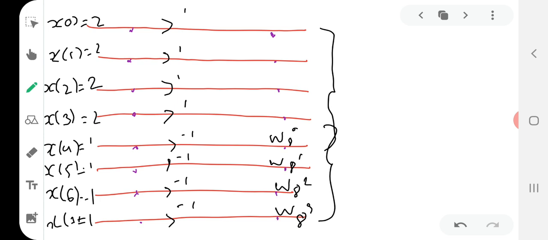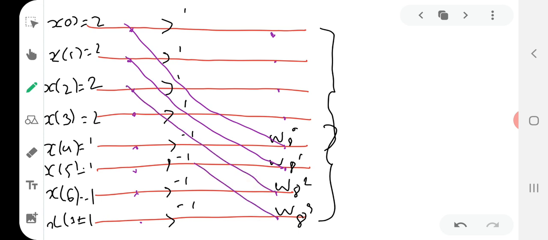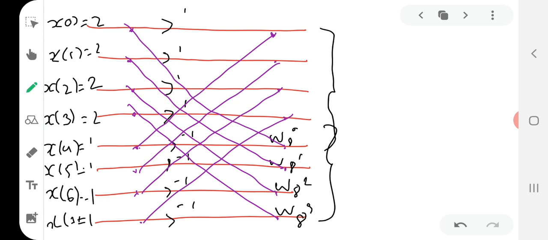Now after 4 lines we will join like this, from here to here, from here to here, and like that we will join.